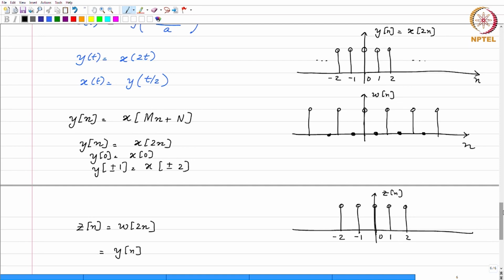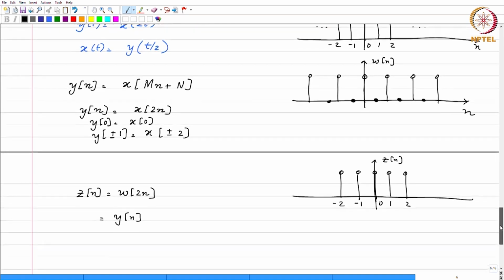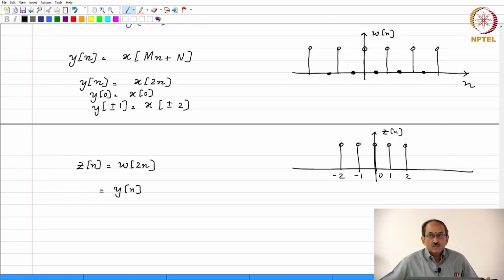And the reason why this is happening is when you pick up all the even indices, you are simply discarding the odd indices. Once you have discarded the odd indices, there is no going back. Therefore, although this appears similar to compression in the continuous time case, there are important differences.